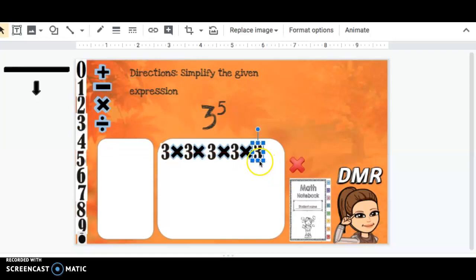Okay, so now that we have 1, 2, 3, 4, 5 threes, because that's how much our exponent is, now we can begin to solve it and simplify it.